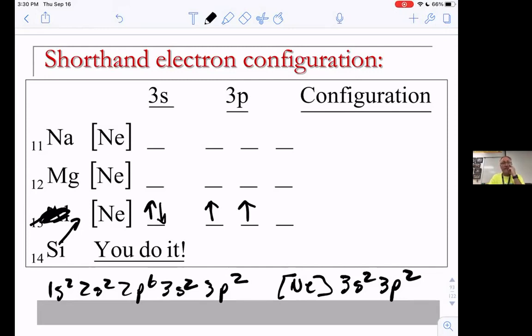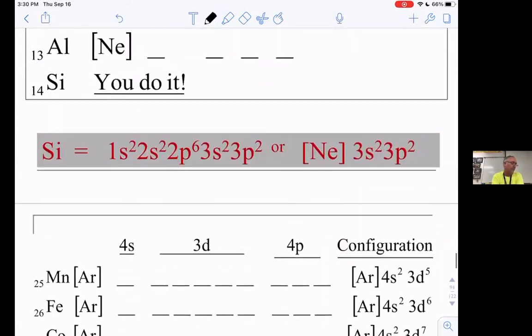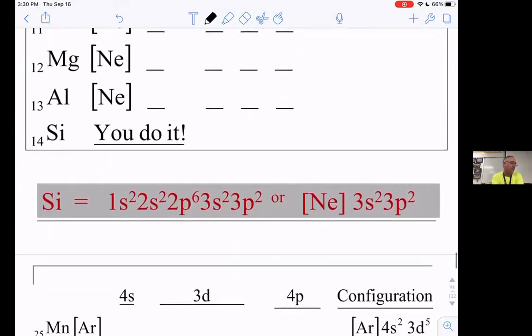I used to teach it as though there were houses on a block, and only one person gets to live in a house before you double them up. So one person in each of those houses on the block, and then you can have a second person go in, but a maximum of 2 is allowed. There's our silicon on the bottom: neon 3s2, 3p2.